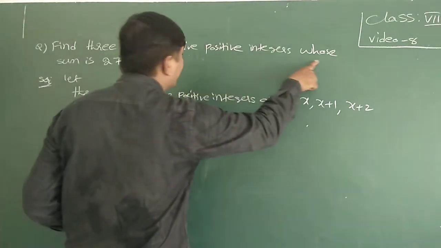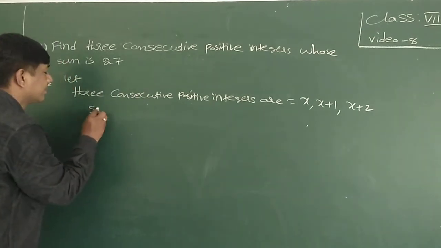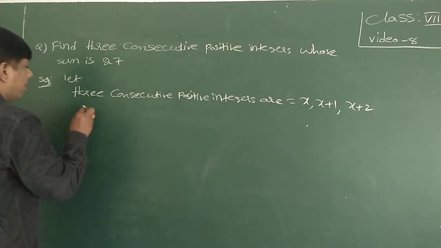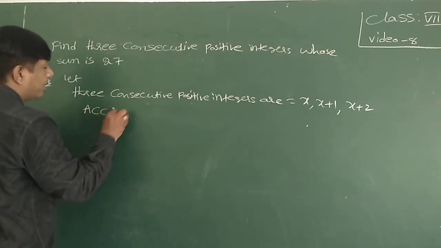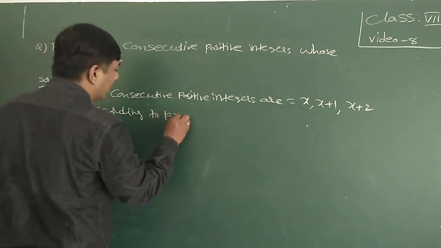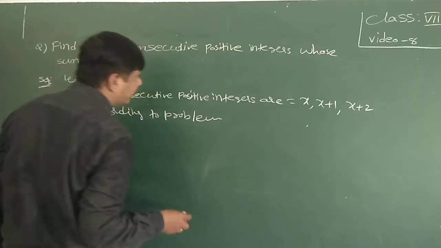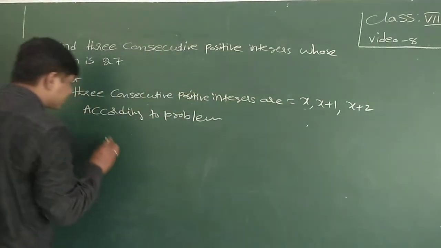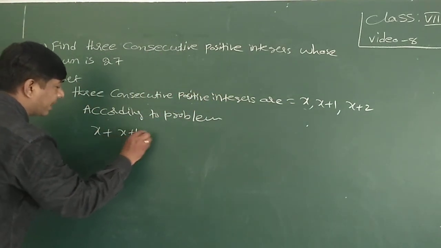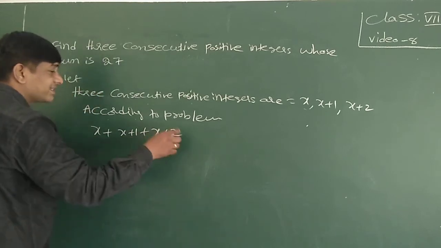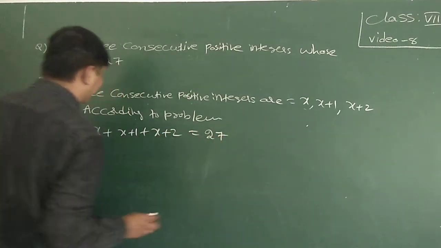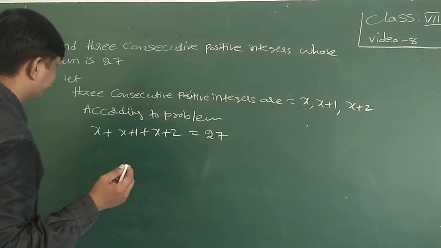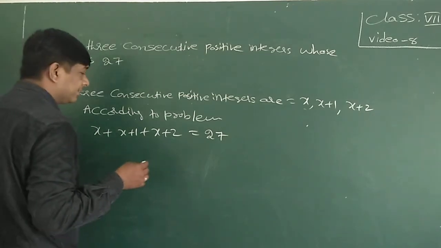Now what they said here: whose sum is 27? Sum means addition. According to the problem, the sum of these three numbers, x plus x plus 1 plus x plus 2, is equal to 27.